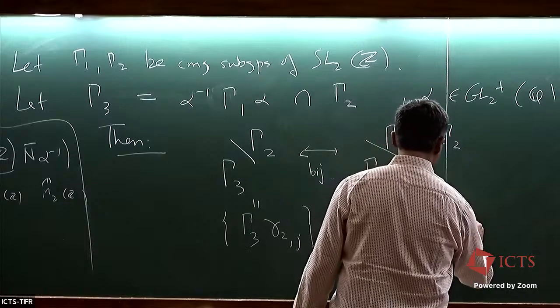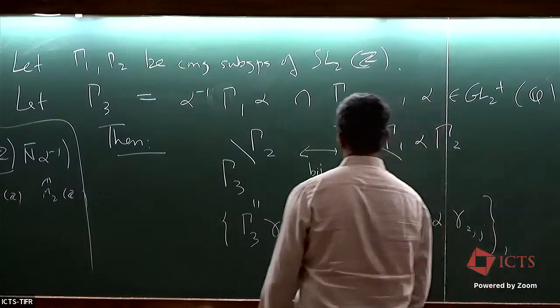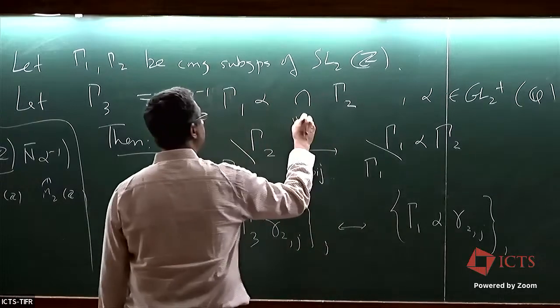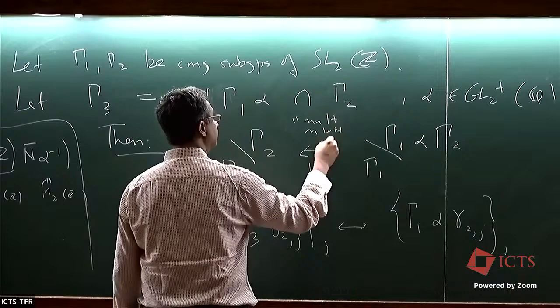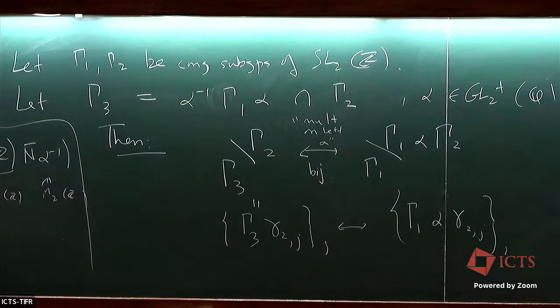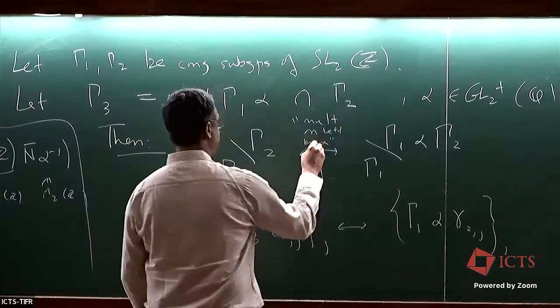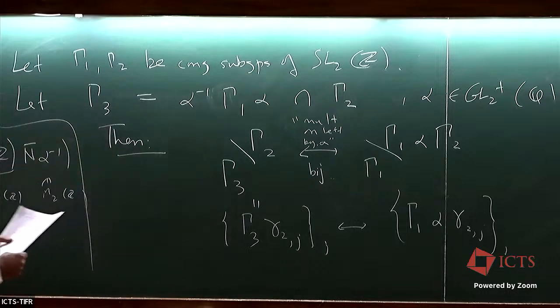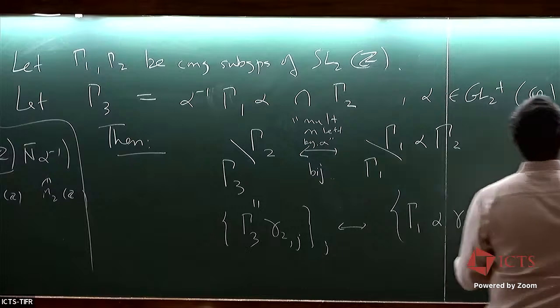So we're multiplying on the left by gamma j. Multiply on the left, I mean, this is just in quotes. Multiply the representatives on the left by alpha. Okay. All right. So we worked out the proof.